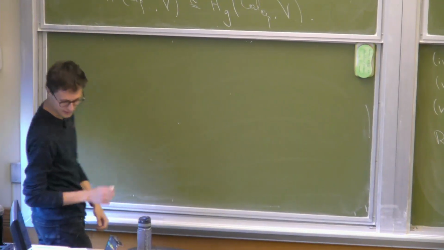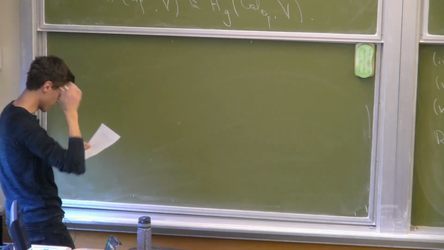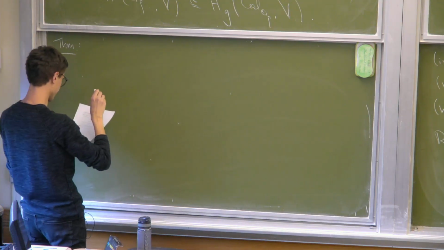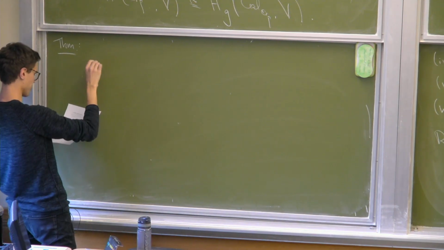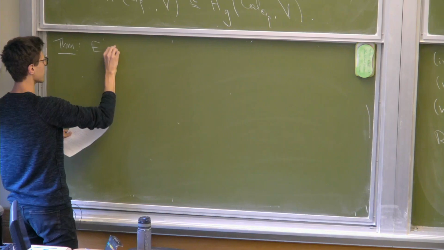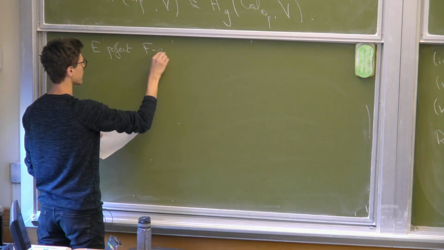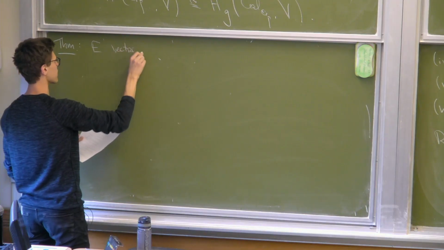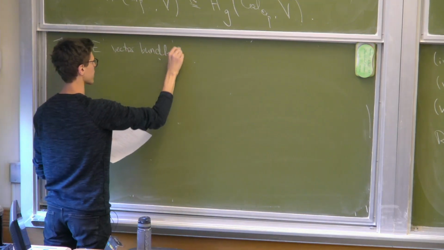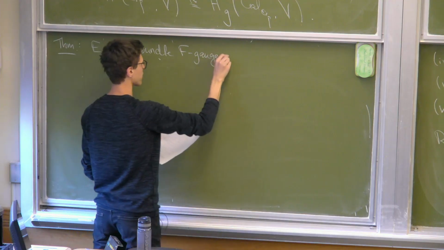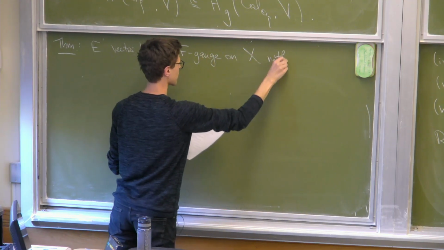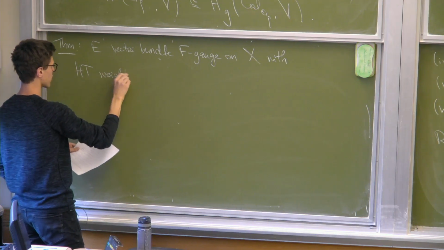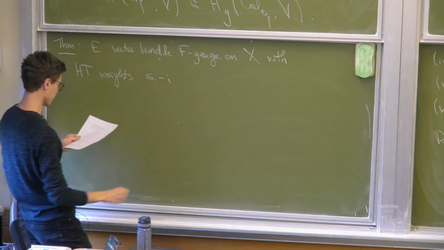So maybe first let me write down the actual statement. So the theorem is if X, as before, is a smooth Berkovich space, and E is a vector bundle F-gauge with Hodge-Tate weights at most minus i.